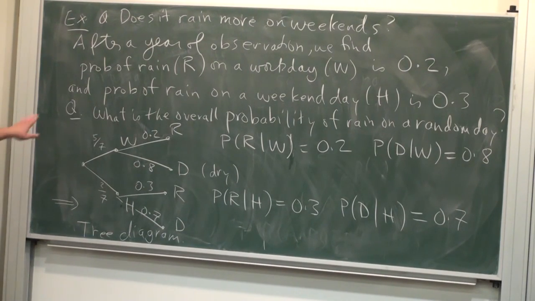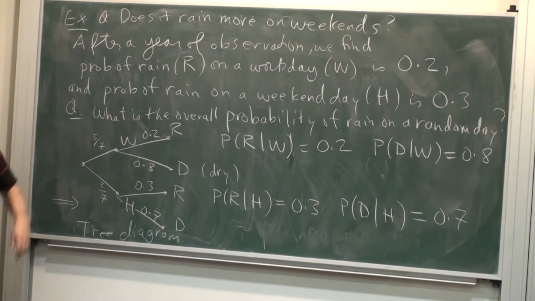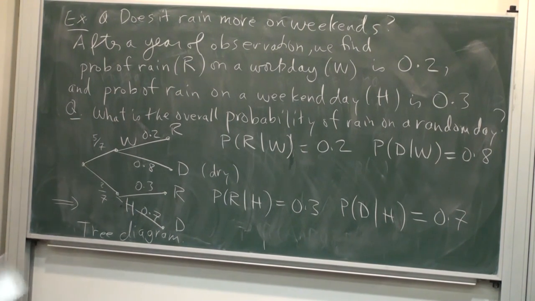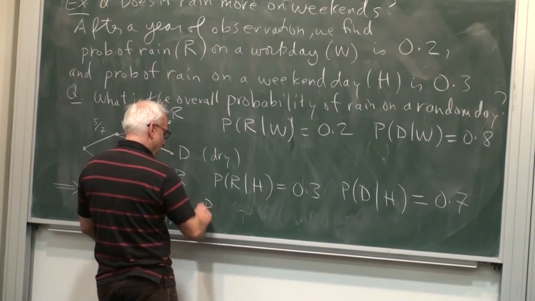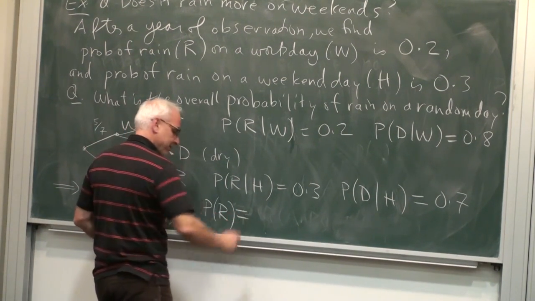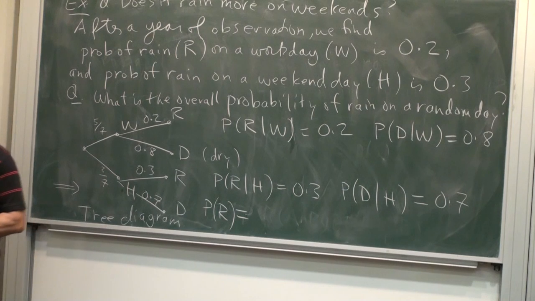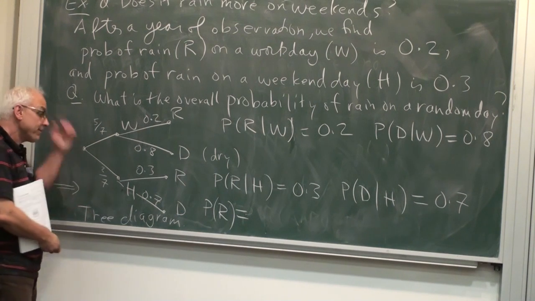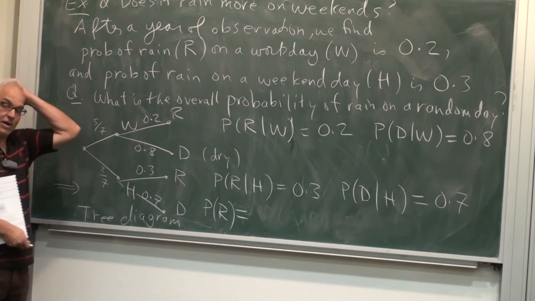Okay, what are we interested in here? The question that we asked is, what is the overall probability of rain on a random day? So we're asked, what is just the probability of rain? Well, this is a situation where the total probability rule comes in.